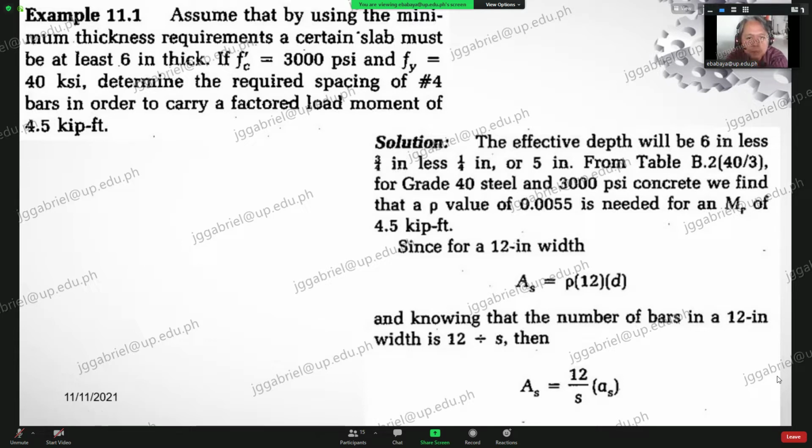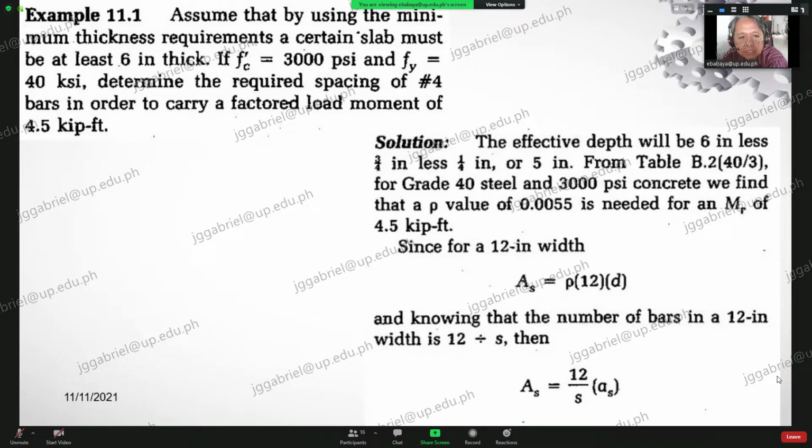Okay. So meron na tayong minimum, no? 6 inches yung thickness. Now, we have here, it says, a factored load moment of 4.5 kip-foot. So, yun ang bubuhatin itong one-way slab natin.